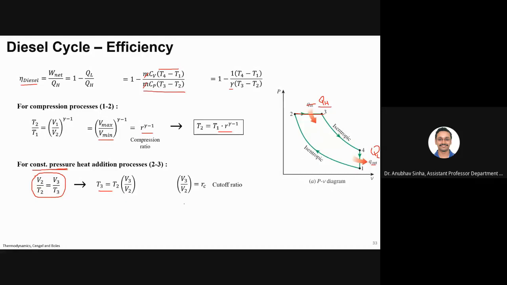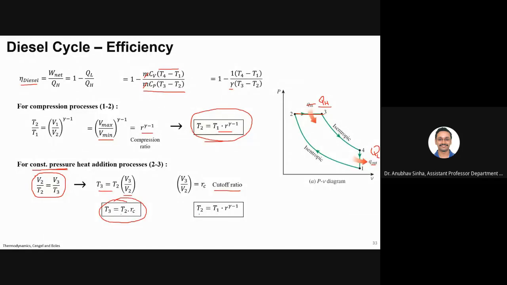Now let us define another ratio which is called the cutoff ratio. So the cutoff ratio is V3 by V2. Okay, if you look at this cycle, I can say T3 is T2 into rc, the cutoff ratio. Fine. So we have two relations. One is for T2 and T1. One is for T3 and T2.